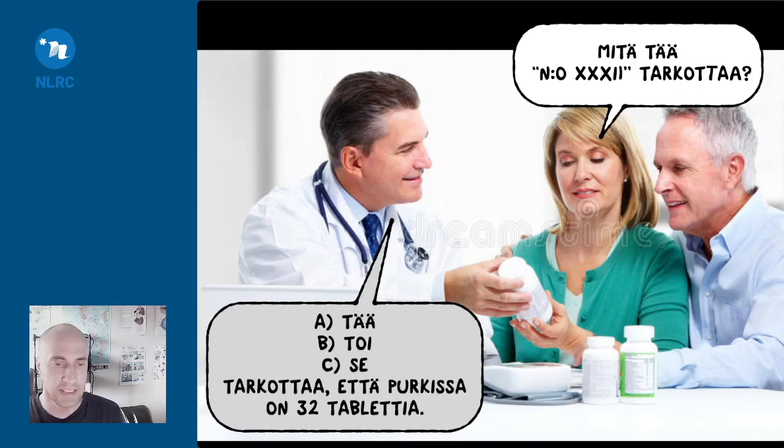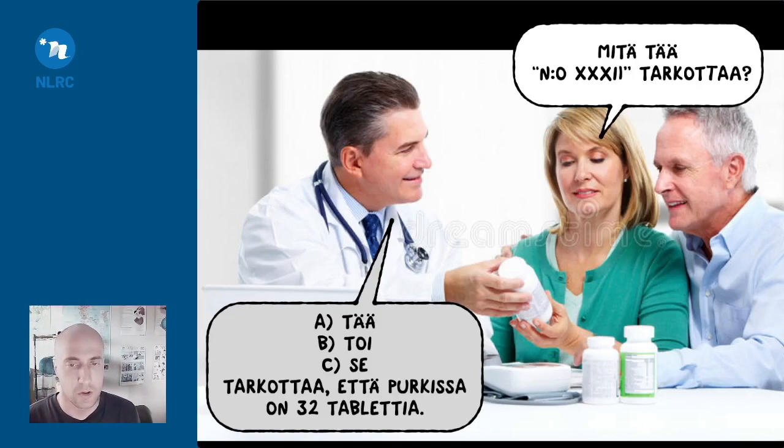I would say C, but people might also say A, and I wouldn't judge them for that. B does not really work here, since it's been established what number they are talking about and where it is, because the patient already referred to it as tää.